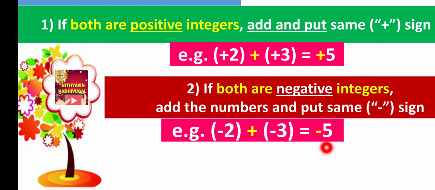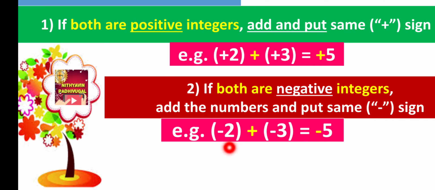How will you count this? 2 are given, 3 are given. So, 2 plus 3, 5 are given. That is what we have mentioned here. Add the numbers. Then put the same sign minus, because the sign minus denotes the action giving.